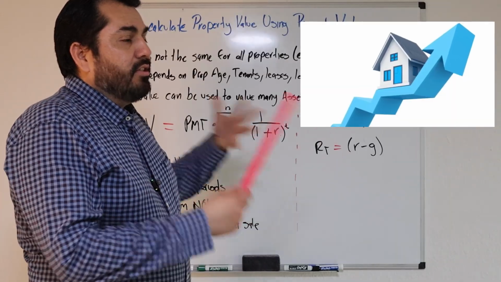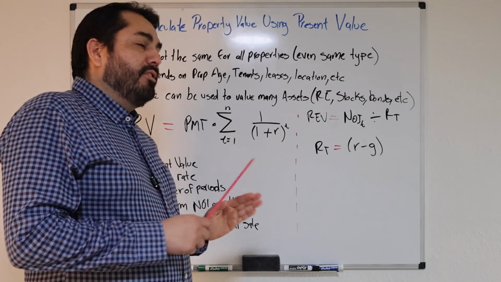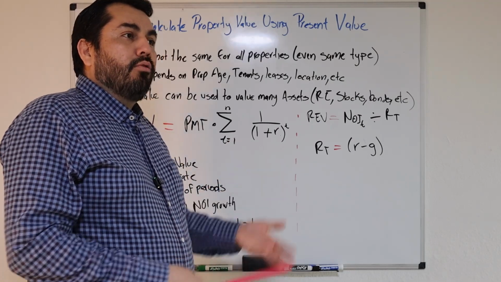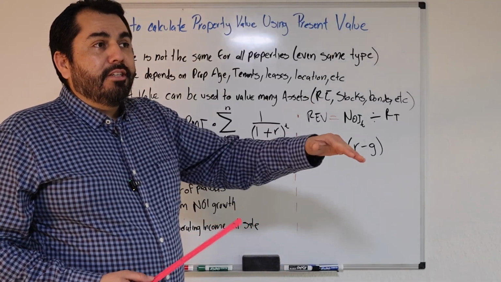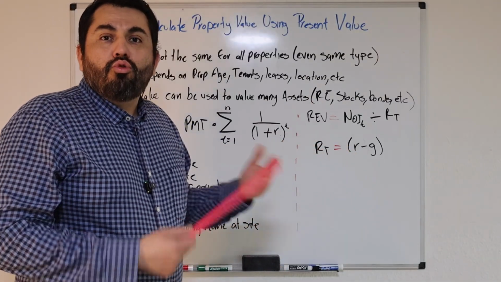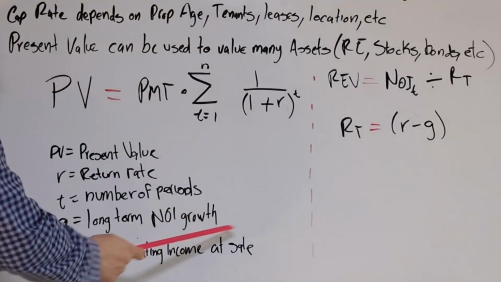In the last years of the property, it will stabilize. Maybe in the first years your NOI will grow 3% or 4%, but then in the last years it will grow 2%. So that's the long-term NOI growth.